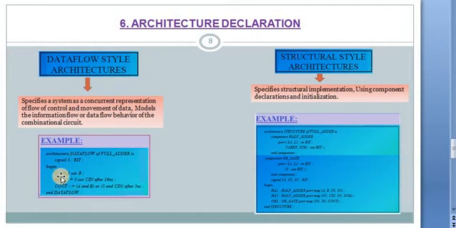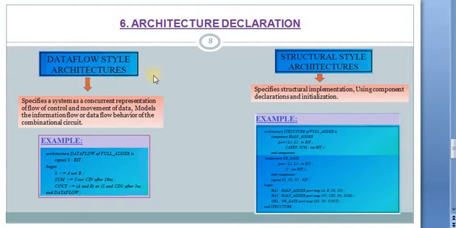As you see, the S computes the logical A XOR B, and then sum and C out is calculated after that. And after this, the architecture data flow is closed. So in this way, this data flow style of architecture is declared as per the VHDL code.